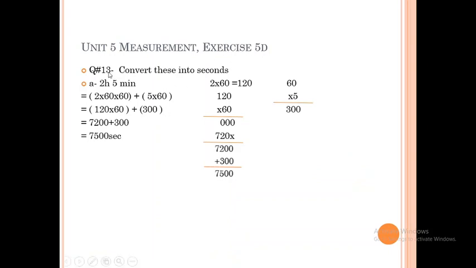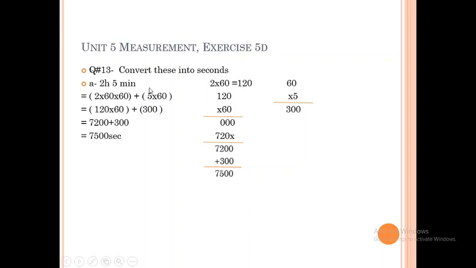Now, question number 13. Convert these into seconds. Now see, the question is given in the form of hours and minutes. It's a bit lengthy, not like the first two that you have solved. First you will convert hours into minutes. You know the procedure. 2 multiply 60 multiply 60, but keep them in a bracket because another calculation is also there.